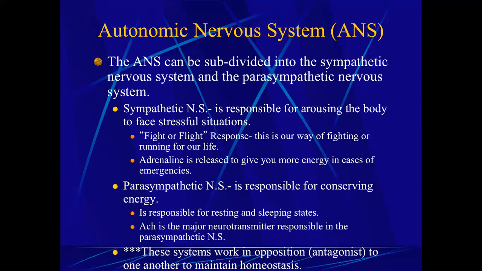They work in antagonism to one another, kind of like the yin and the yang. But you need both, because if you only had one, you would die, right? They are crucial for survival.